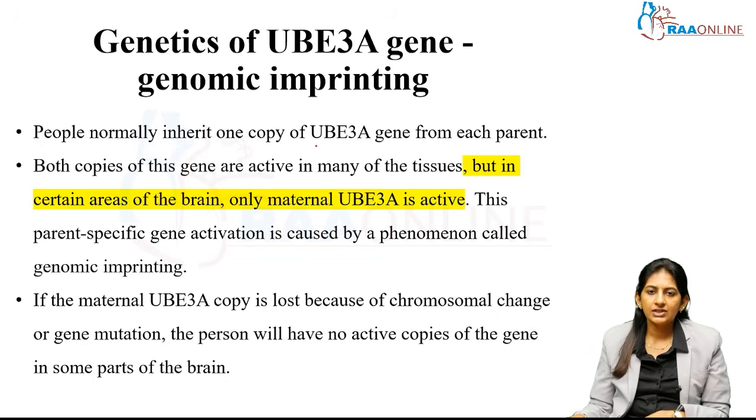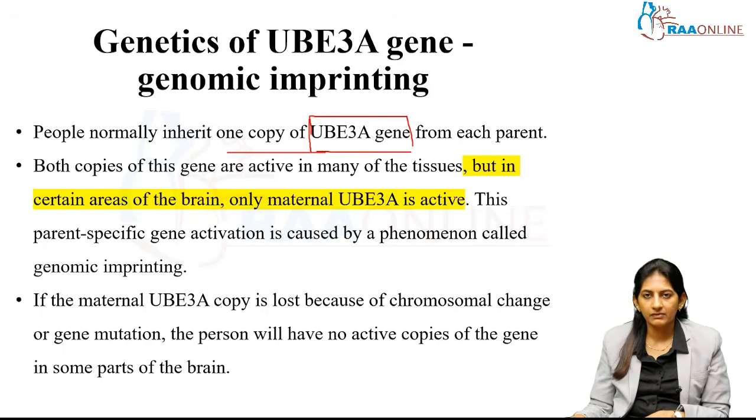Here the gene has been studied. It is the UBE3A gene, that is the ubiquitin gene. The abnormality in this ubiquitin gene is because of paternal UPD, paternal uniparental disomy of this gene. For this gene to be expressed in the brain, we need the maternal copy also.